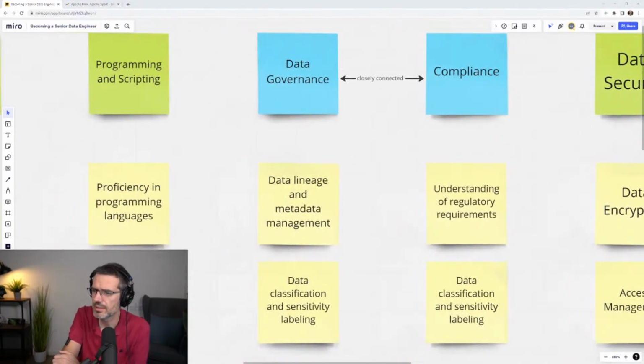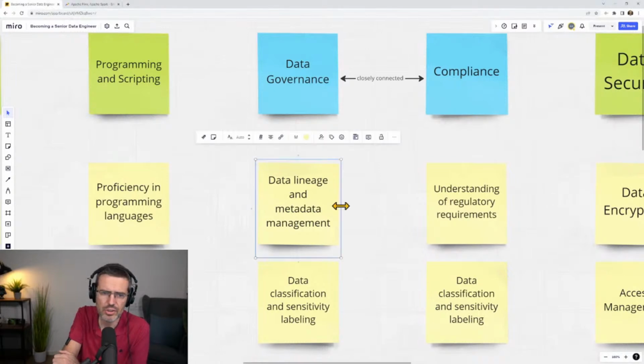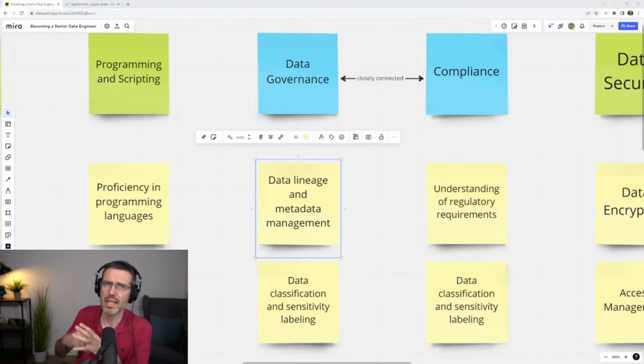So data governance, we already talked. Data lineage and metadata management. That's actually something that is difficult at times, especially in complicated pipelines. A senior engineer should have experience in designing and implementing data lineage and metadata management solutions to track the movement and transformation of data across the organization, right? Because your data might be used in different stages for different use cases.